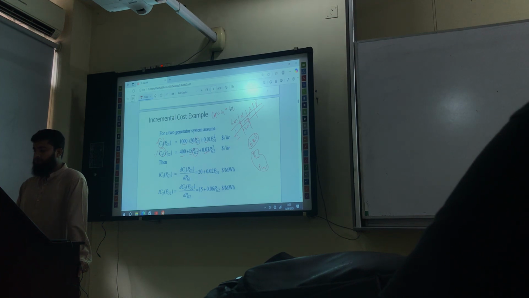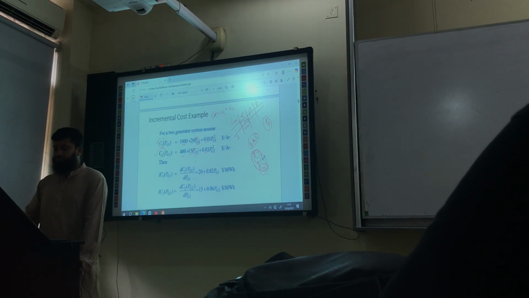Finally you will get some solution for Pg1 and Pg2. Then the addition of this Pg1 and Pg2 should be equal to PD, the load demand, right? And also these Pg1 and Pg2 values should be within the minimum and the maximum limit for that particular generator, right? That is the case.